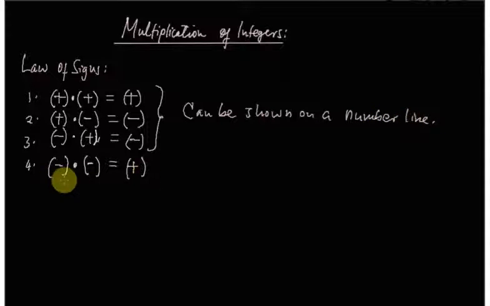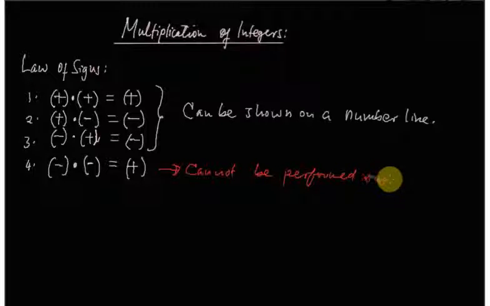But number 4 cannot be performed on a number line. We cannot, so we will use this law to perform it. But we can perform the rest of them on a number line. This one is impossible.